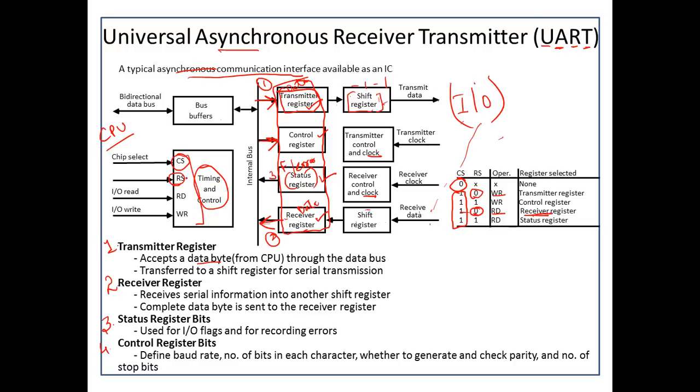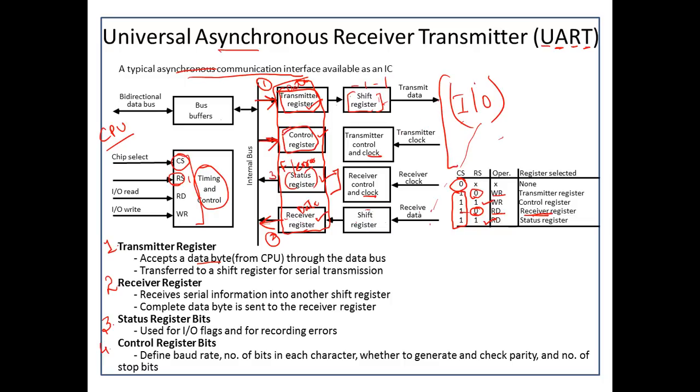But if the register select value is 1, then what will happen? Again, it will be able to read from the status register what the status is, whether there is any error, what the flag value is, all such things. It can easily read the status of any register applicable to this peripheral device.